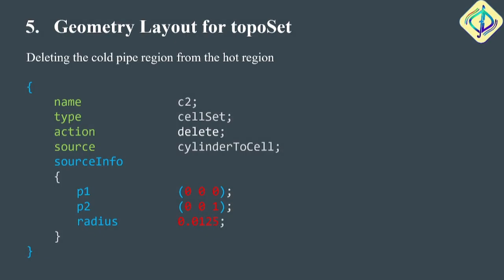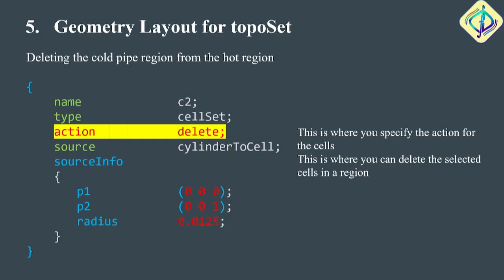so now we have defined that hot region. Okay, now this hot region was engulfing the entire domain along with the cold region and the pipe region. Now we want to delete that cold region and that pipe region.